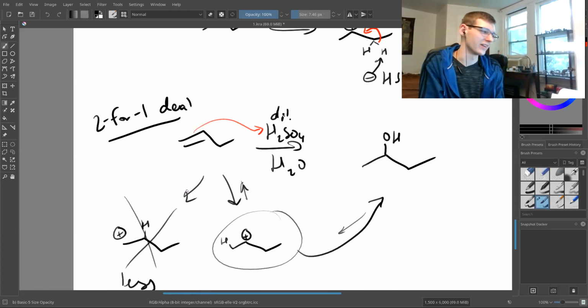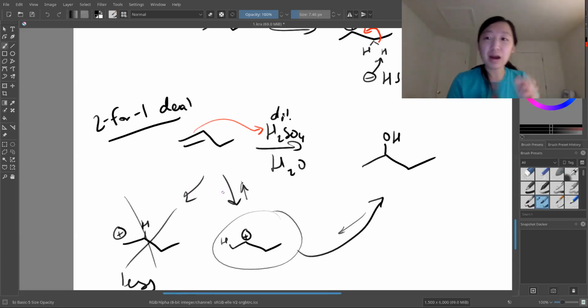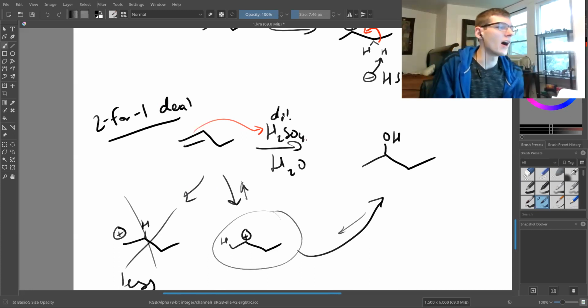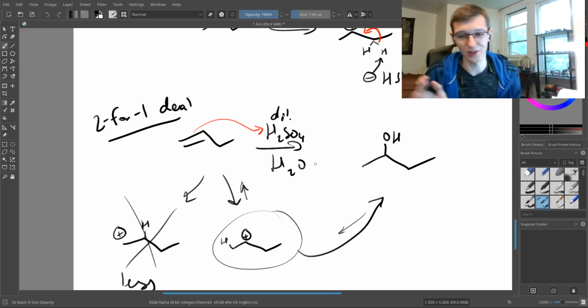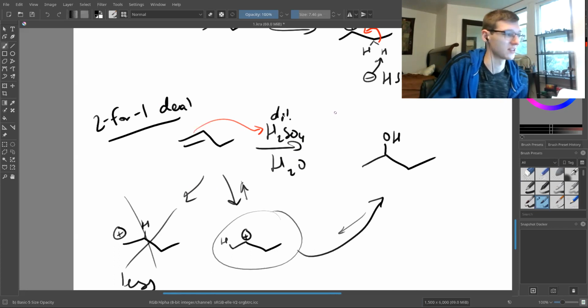So Adam, with the dilute sulfuric acid, is that like an SN1 reaction, or can you just quickly explain concentrated sulfuric acid versus dilute sulfuric acid again? Yeah, so the mechanism is still the same in both cases.